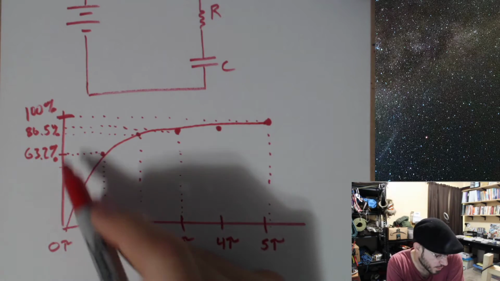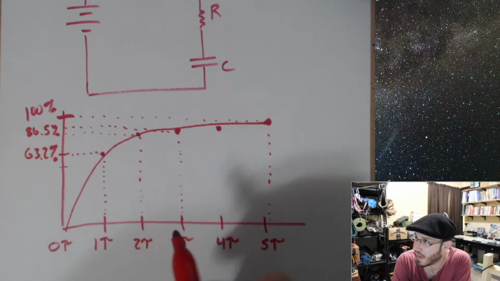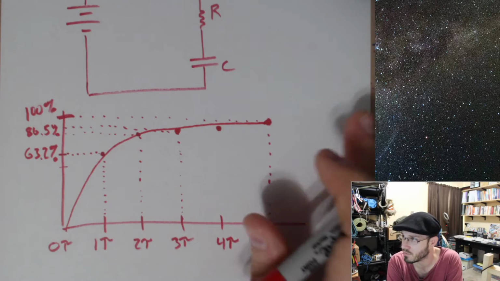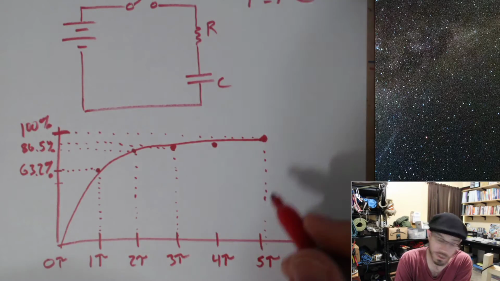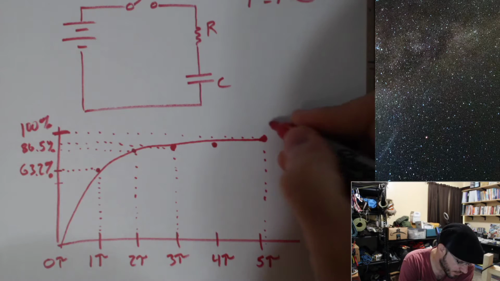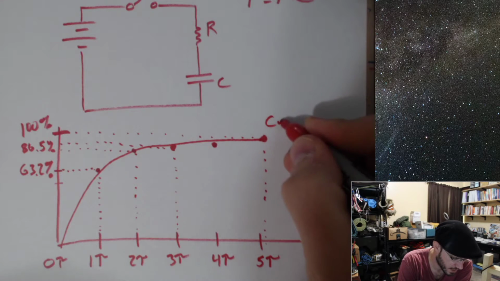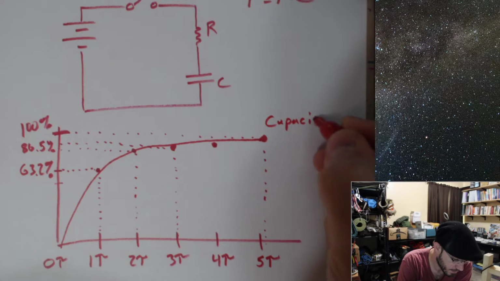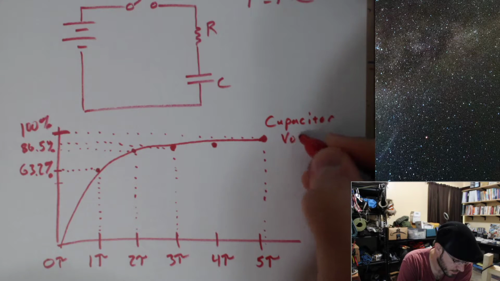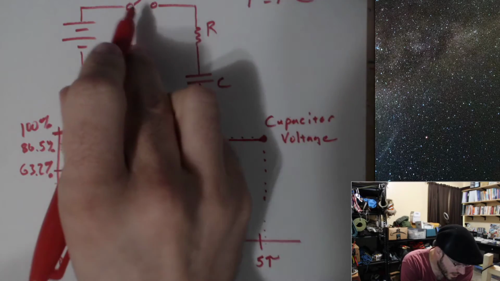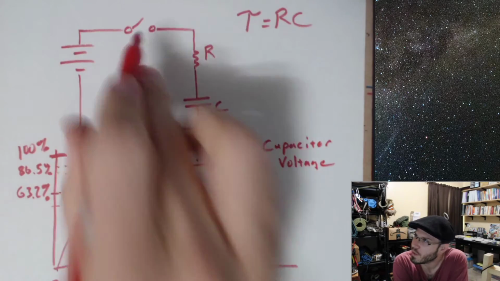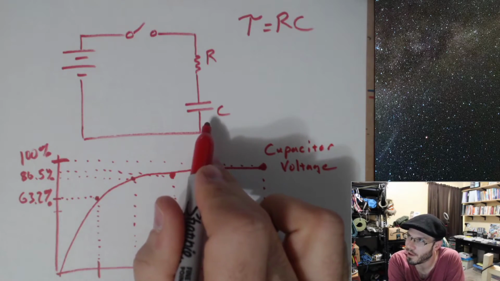Okay, now this just refers to our percentage of max value, but what is our max value as far as a quantity is concerned? This is the voltage across the capacitor. So we know before we throw the switch, we have 0 charge stored up on this cap.